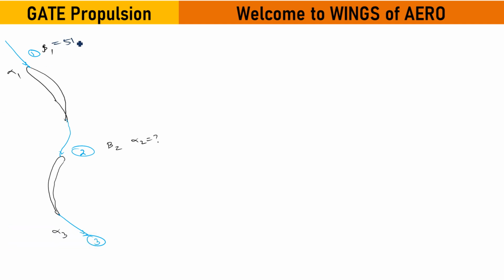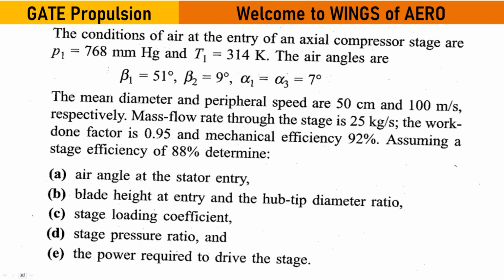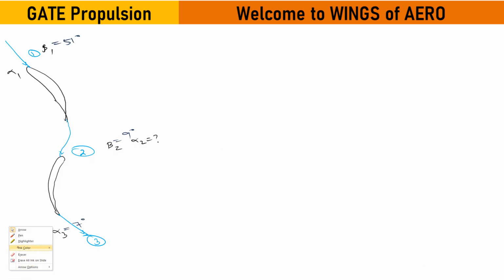This is given 51, this is given 9, and this is given 7 degree, right? Can you tell me what will be the alpha 2 value?